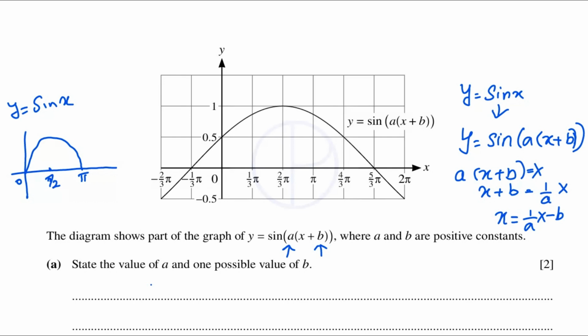It indicates the translation is towards the left side. So first is a stretching. So y is equal to sine x has become, after applying the stretching, y is equal to sine ax. Okay, sine x, the x coordinate value from here to here is pi.